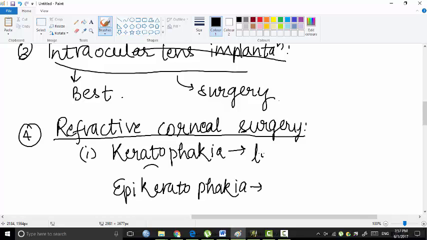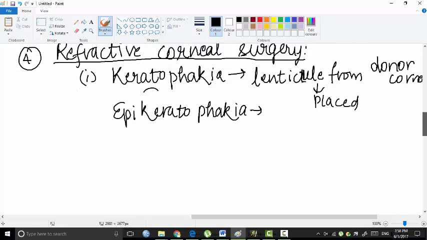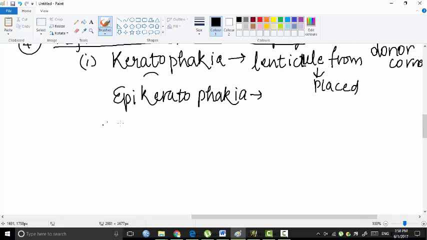In keratophakia, the lenticule is from donor cornea and is placed between the lamellae of the patient's cornea. I'll draw two diagrams for both, keratophakia and epikeratophakia.